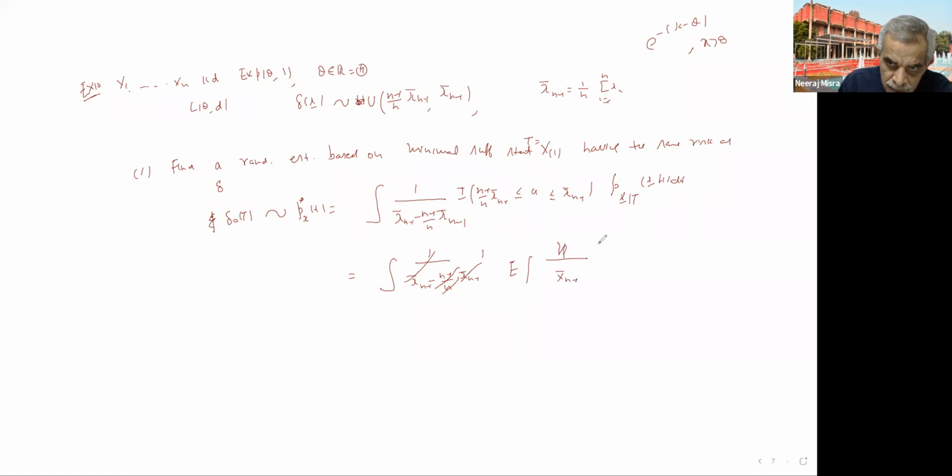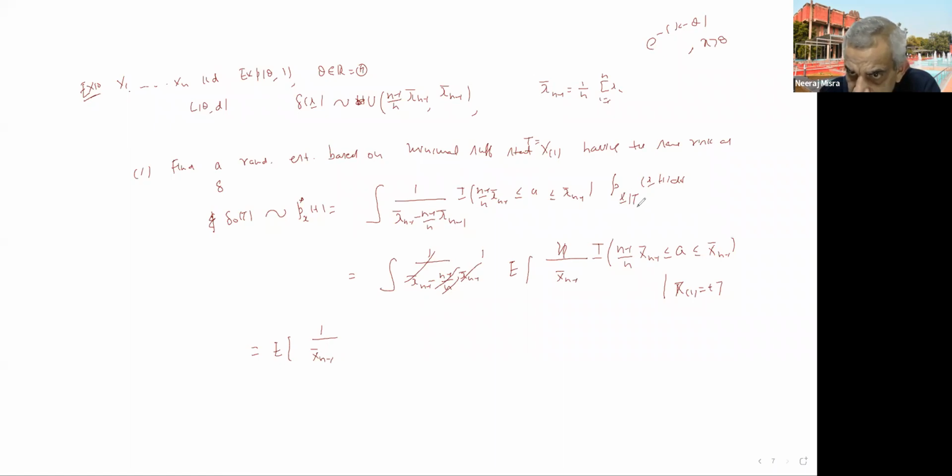Indicator that (n minus 1)/n x bar n minus 1 is less than or equal to a, less than or equal to x bar n minus 1, given that T equals t, that means x1 is equal to t. This becomes the expected value of 1 upon x bar n minus 1, because this is with respect to the conditional distribution of x given t.